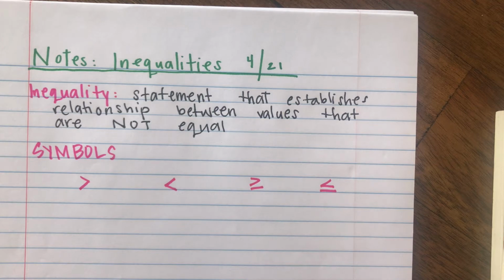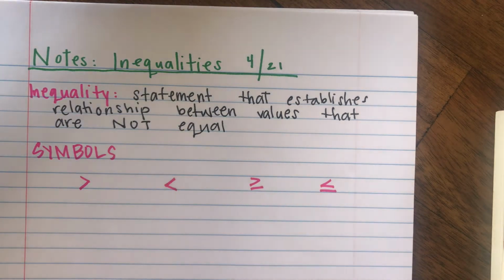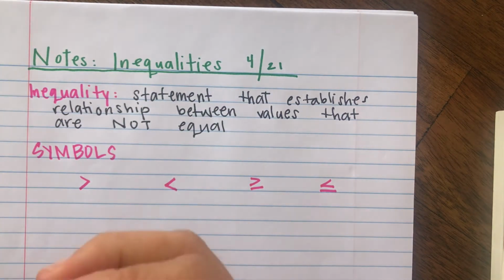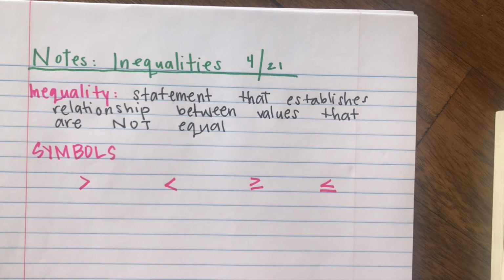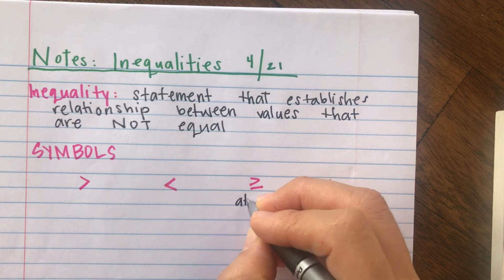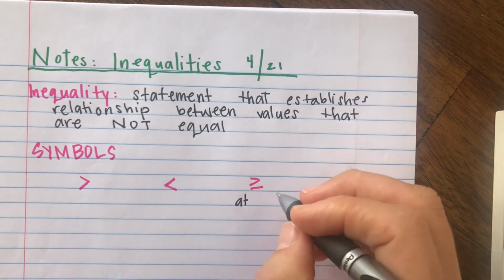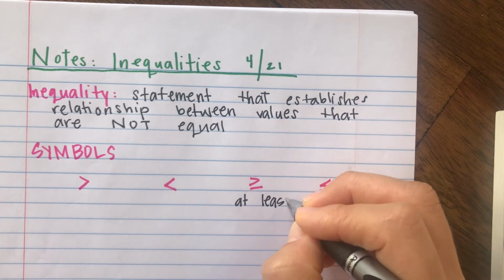Okay, and what this means is, say for example, you are at a theme park, and in order to ride that one ride you really want to ride, you have to be at least 4 feet. Does that mean if you're right at 4 feet, can you ride it? Yes, because the language says at least. So this would be a greater than or equal to, because you have to be at least 4 feet.